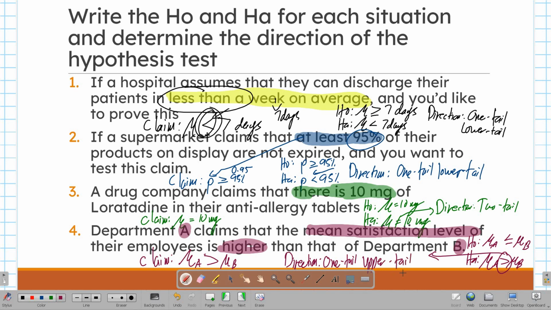So that's how we write the alternative hypothesis, which is very important in hypothesis statements.